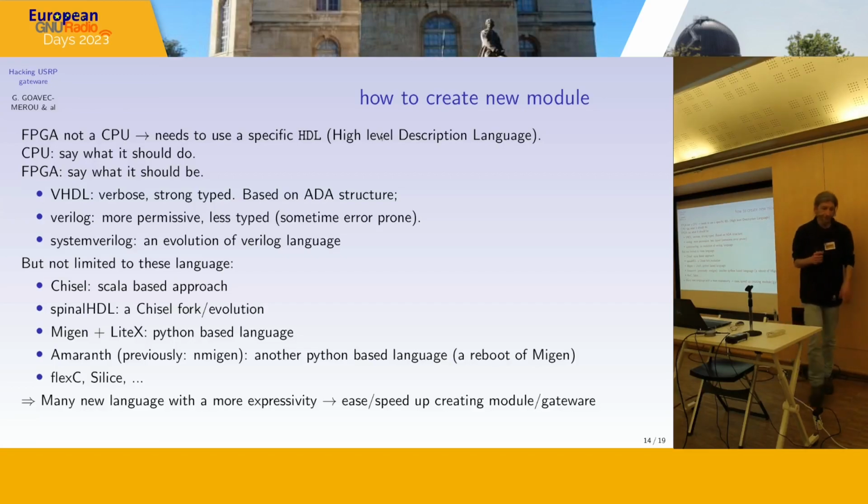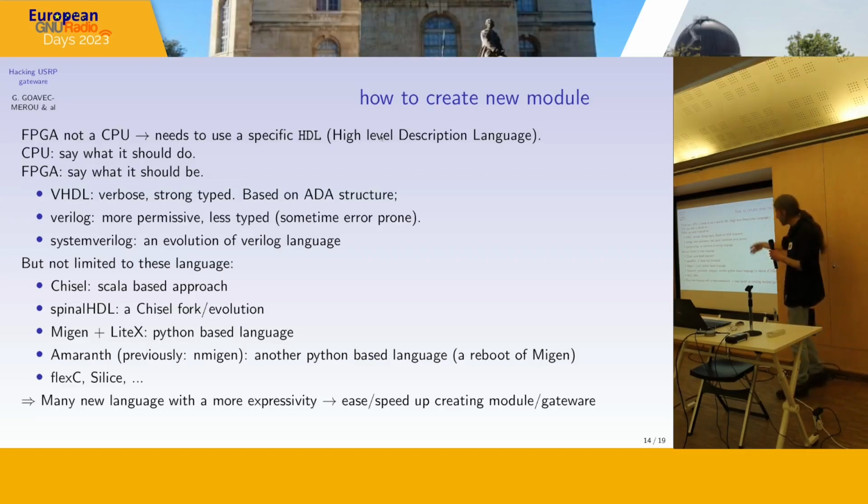Amaranth is not a fork, it's a reboot of Migen. It's again based on Python, and it's a fully new language based on the good things of Migen and the bad things of Migen, to avoid making the same errors.